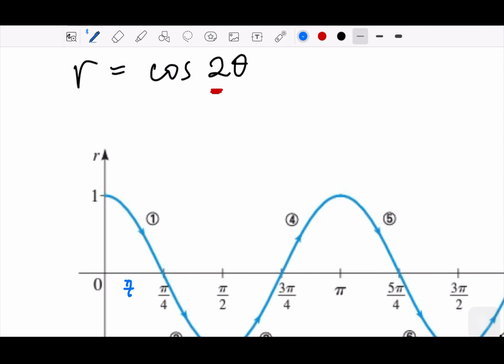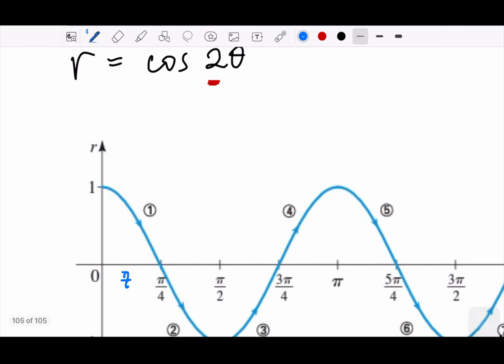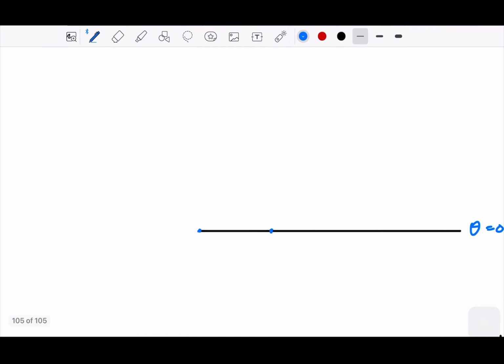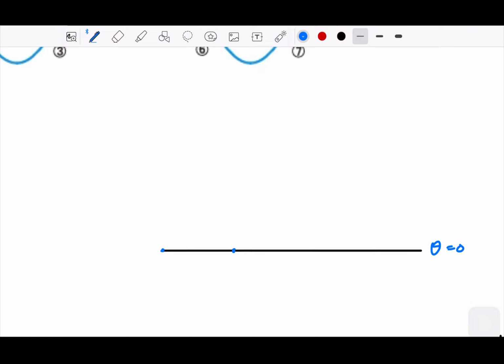Pi over 3 is 60 degrees. Cosine 60 is half. So we could take that as our angle also. Let me draw.